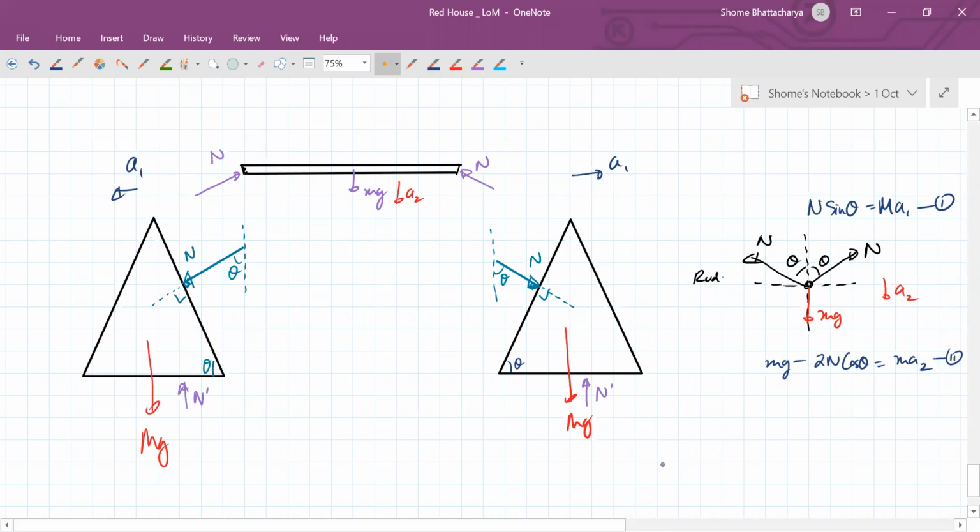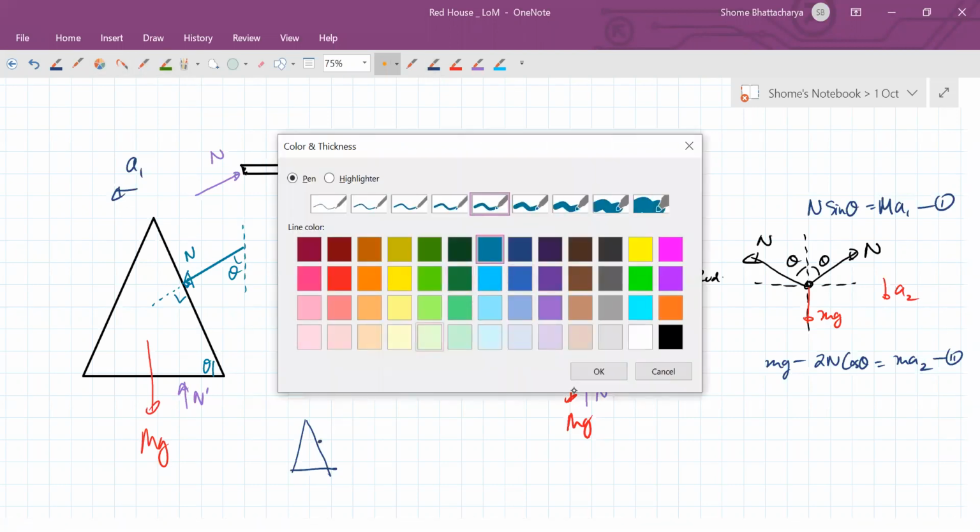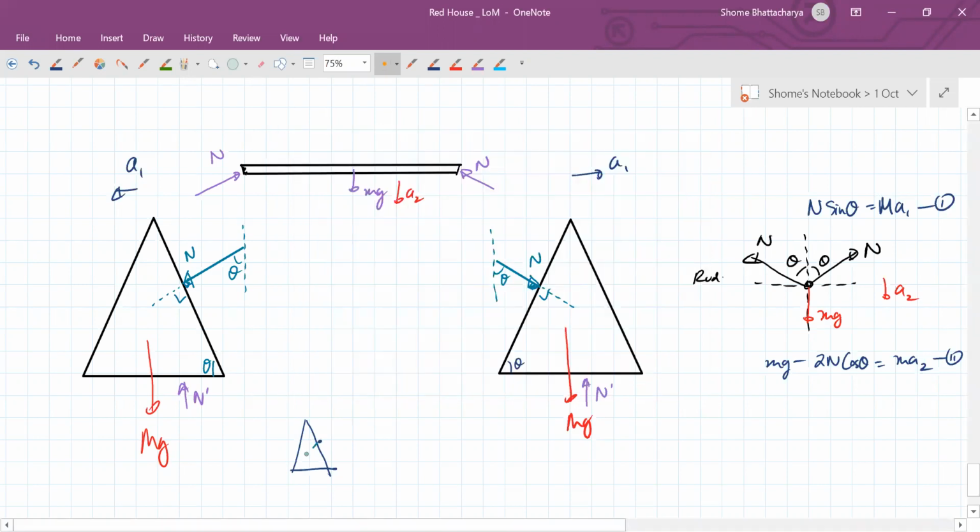And now we need a constraint relation. For the constraint relation, you can see that at this point the normal reaction is acting in this sort of direction, and this point is moving with some velocity, let's say v1, in this sort of direction.